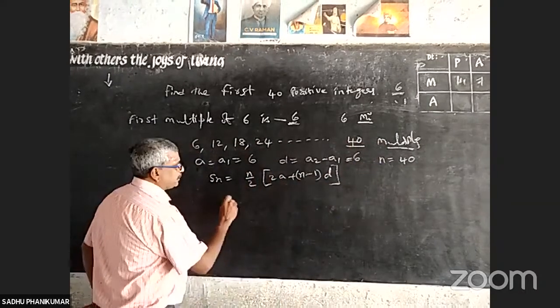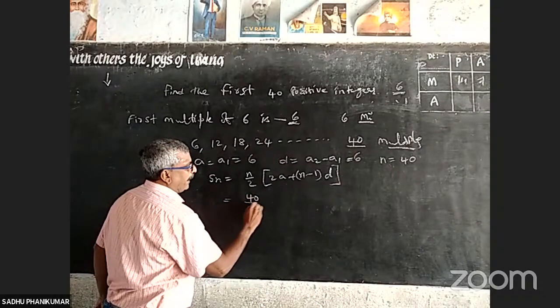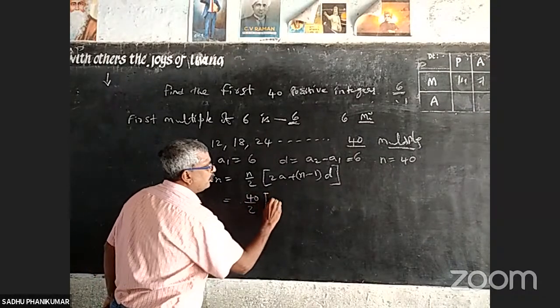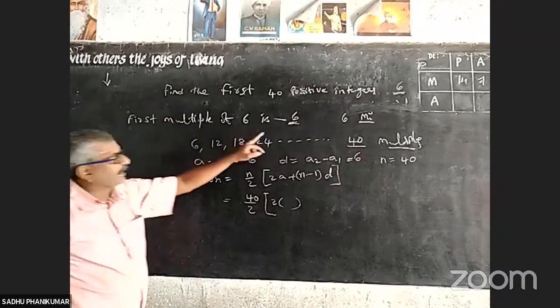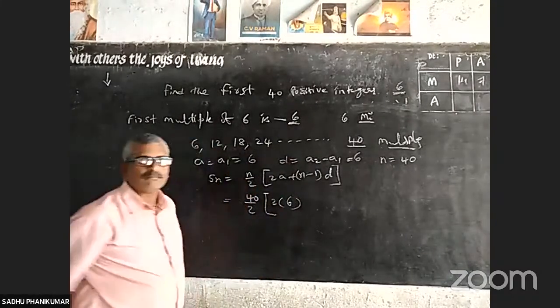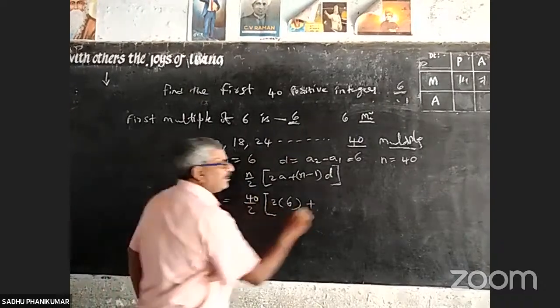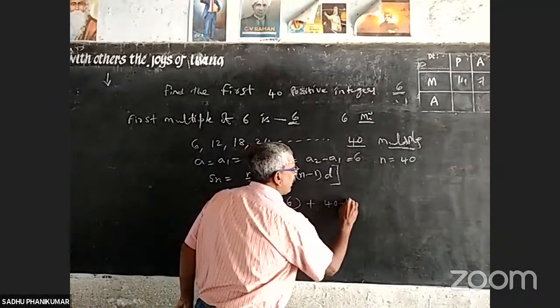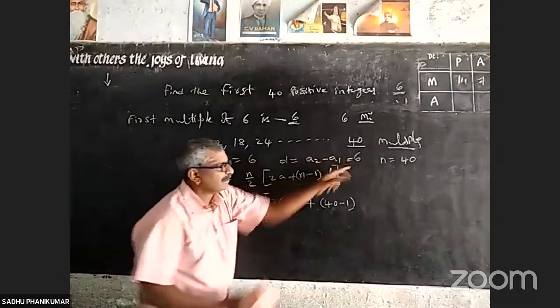So I am substituting n as 40 by 2 into (2 into a. What is the first multiple we discussed already? The first multiple of 6 is 6 itself), plus (n minus 1), again what is n, 40 minus 1, into d. What is the common difference? d is also 6.